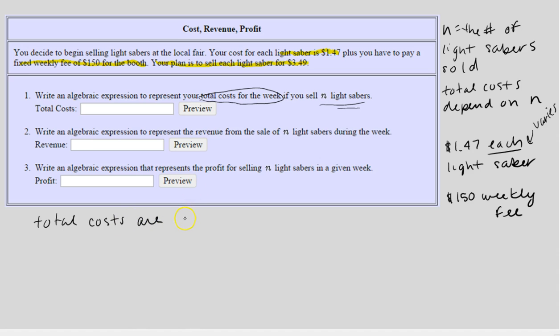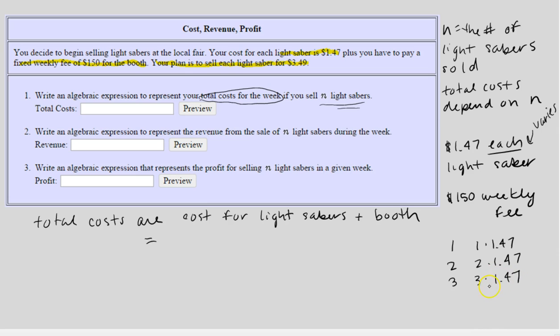So our total costs are the cost for the lightsabers, plus the booth cost. Okay. So this equals, well, the cost for the lightsabers is $1.47 per lightsaber. So if we had 1 lightsaber, it would be 1 times 1.47. If we sold 2 lightsabers, it'd be 2 times 1.47. 3 lightsabers would be 3 times 1.47.